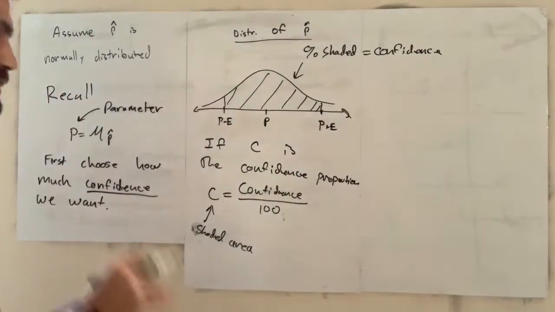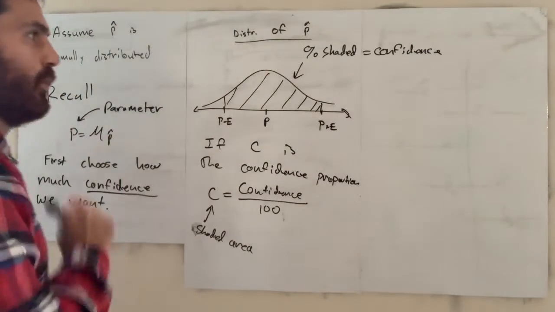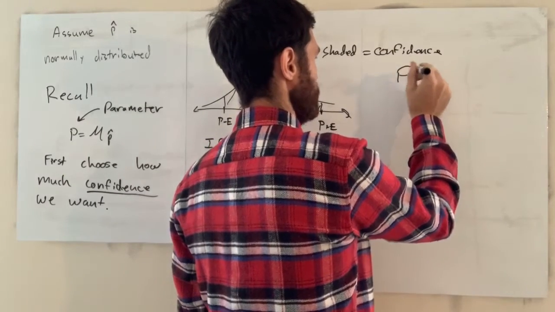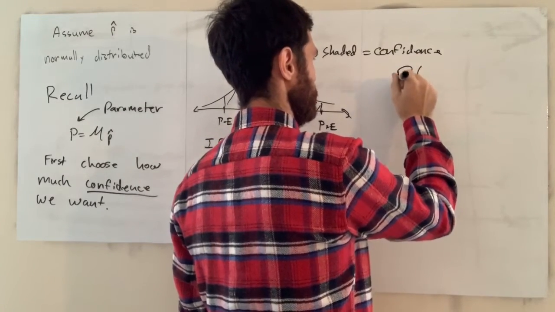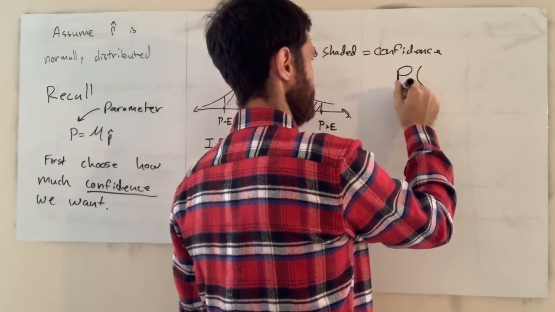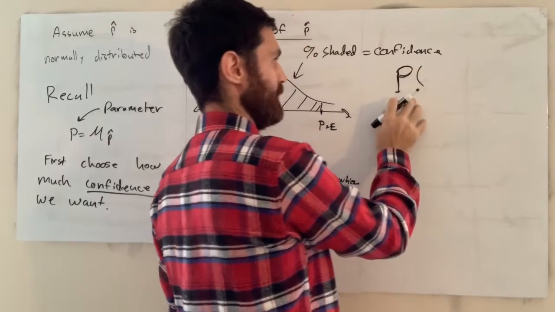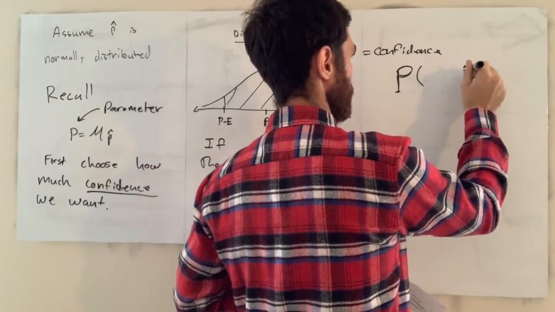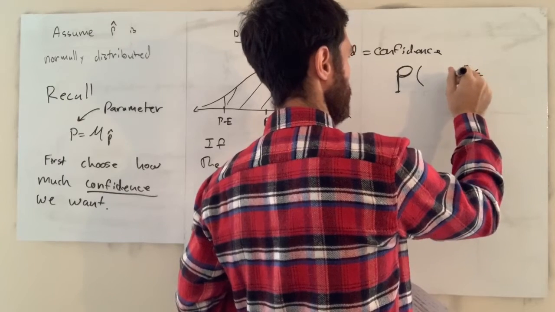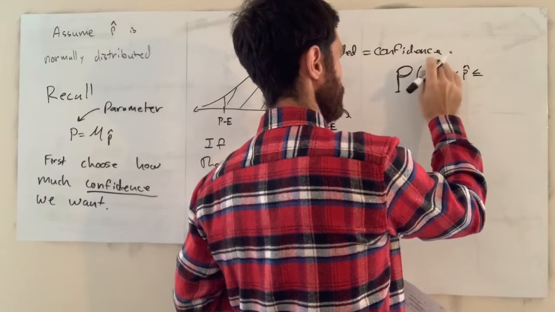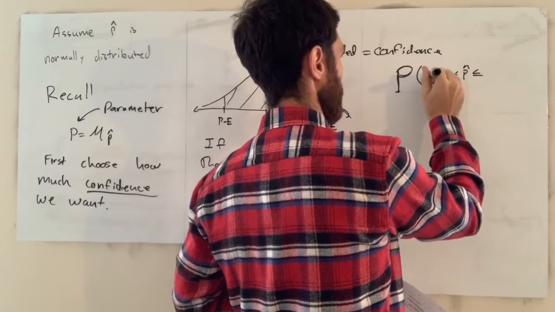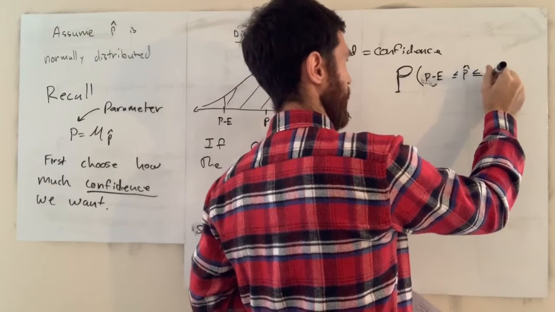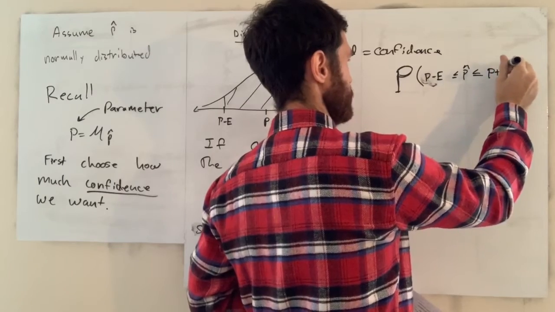All right? So if that's going to be the case, what we want to do is ask ourselves, what's the probability? So here I'm using capital P for probability, that our random variable is going to be between our parameter minus the error term and our parameter plus the error term.